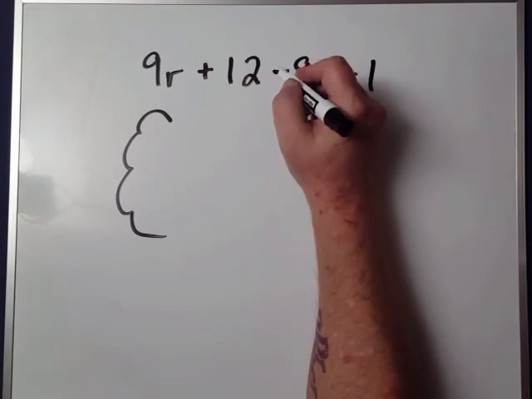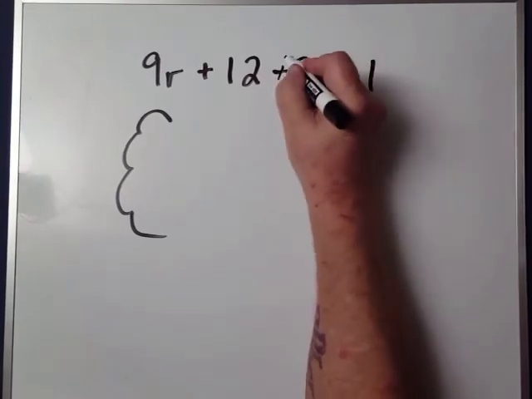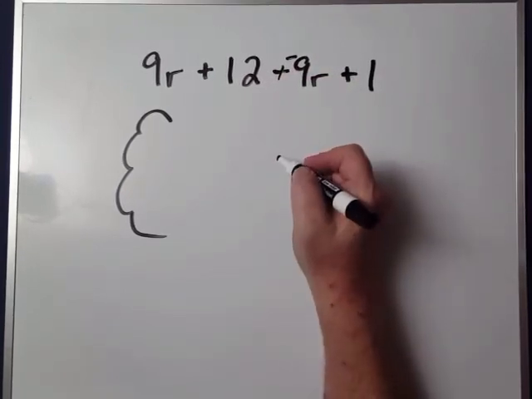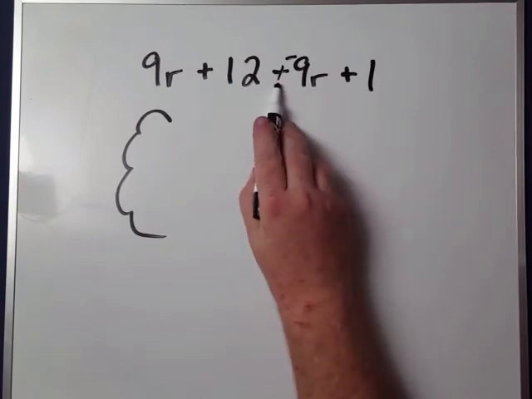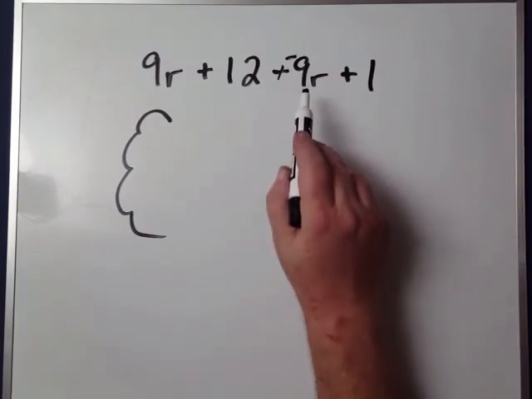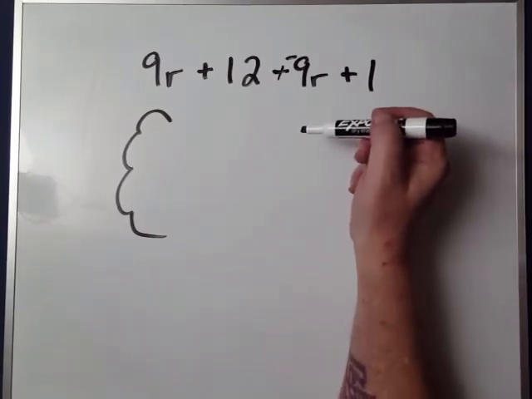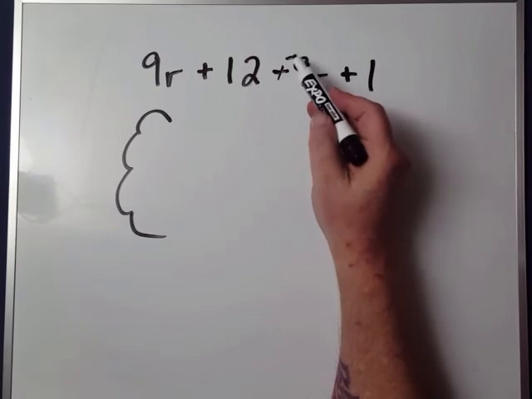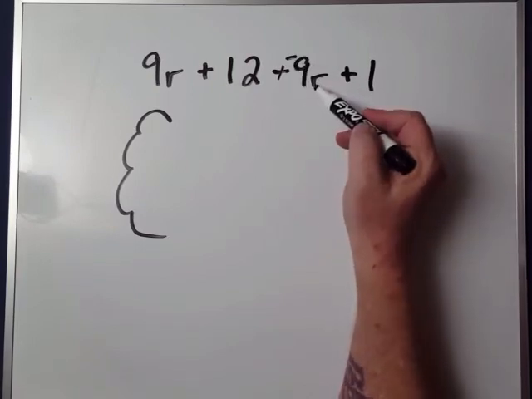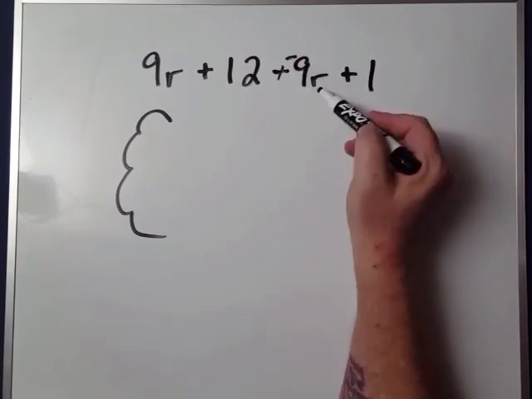So if we think of this as plus a negative 9r, I can now use the commutative property with respect to addition. In other words, I am fine to move these terms around so long as I keep negatives with their terms. Signs belong to their terms.